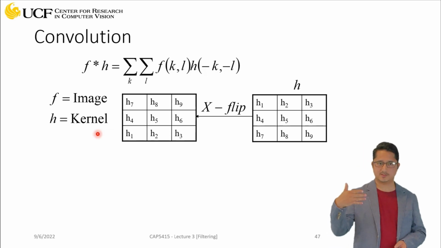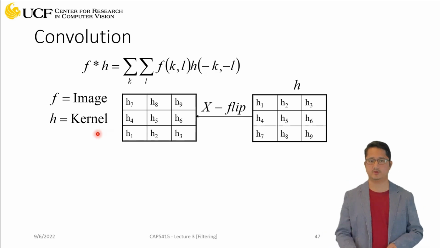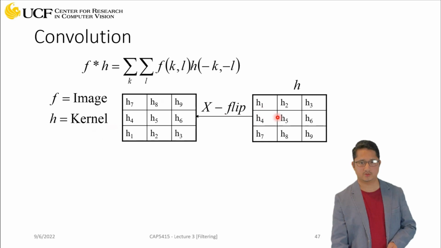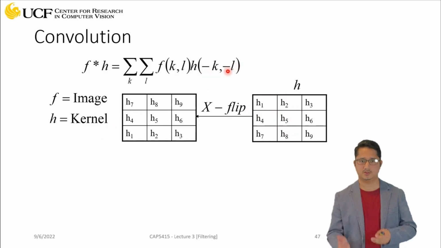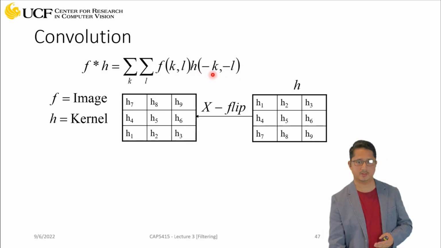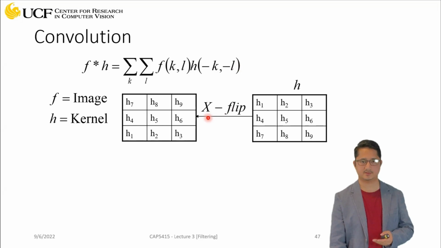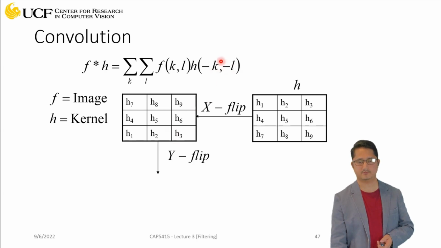Now, if you have to represent convolution in the form of correlation, what you can do is take your kernel, because you have negative values, and flip it in both axes, x and y. In this case, we are flipping along the x-axis, so this becomes positive. Then we flip along the y-axis, and that will become positive, right?